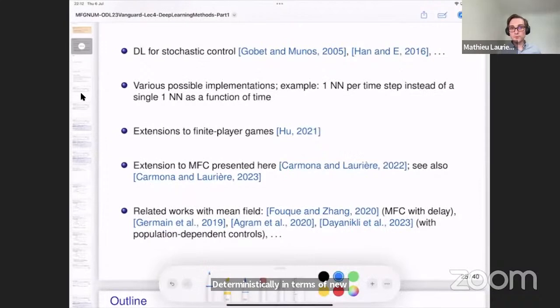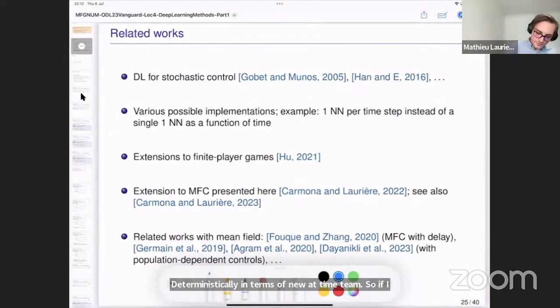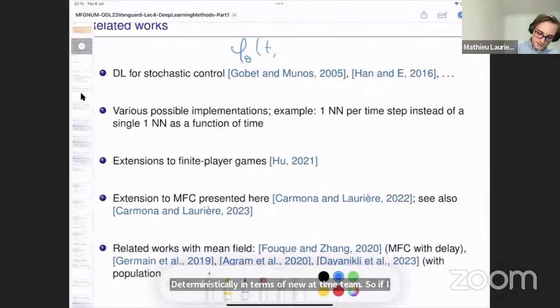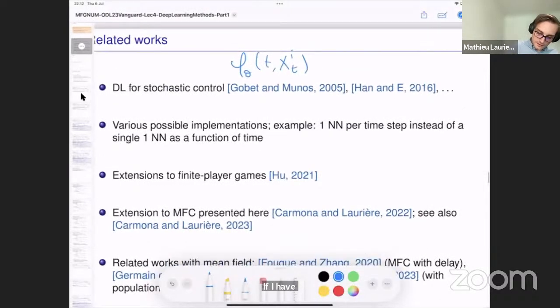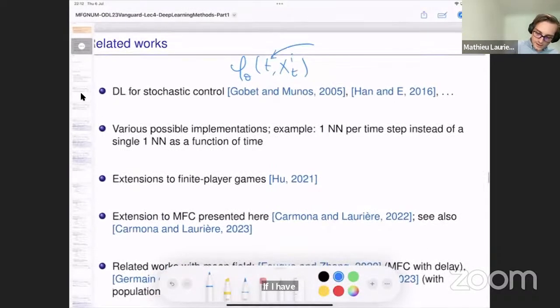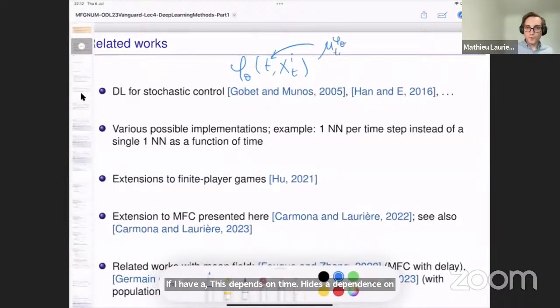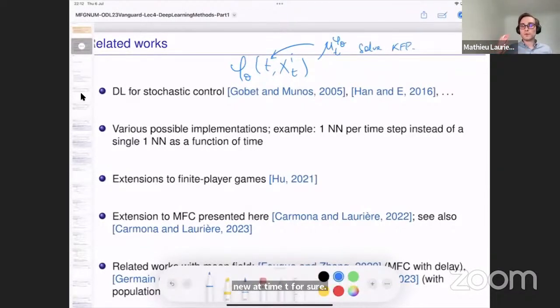So if I have a neural network phi theta, which takes t and x_t, this dependence on time hides a dependence on mu_t controlled by phi theta. Why? Because if you give me phi theta, I can solve implicitly the Kolmogorov-Fokker-Planck PDE, and if I solve this KFP, I have mu at time t for sure. So I don't need to give this as an input to the neural network. Somehow it's just a dependence on time.